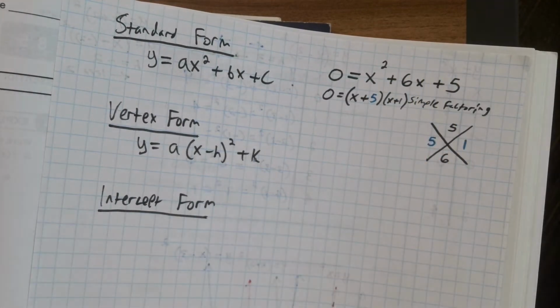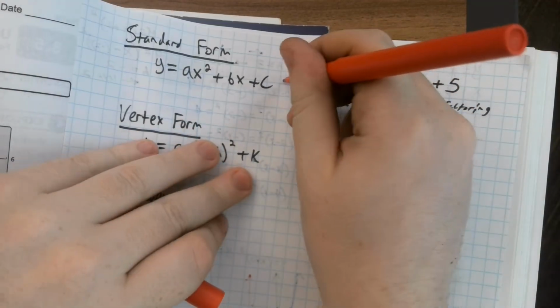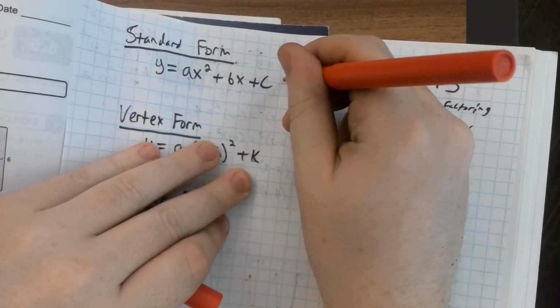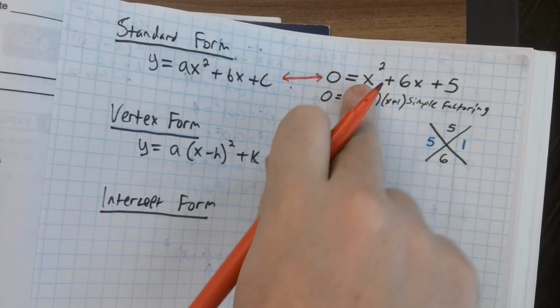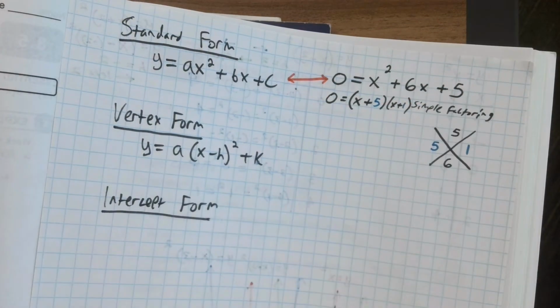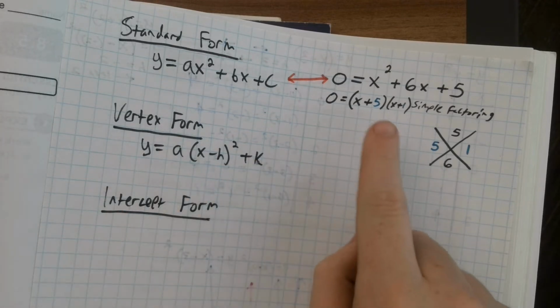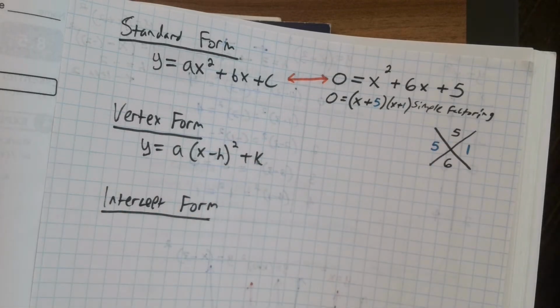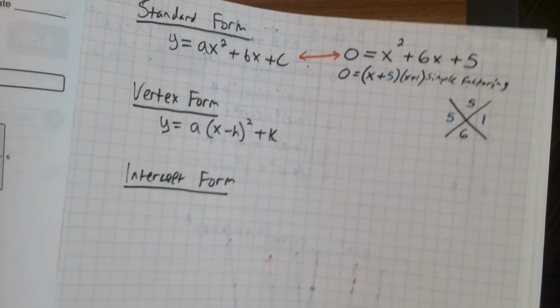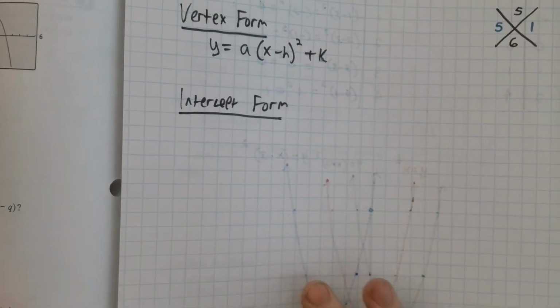This looks a lot like our standard form. Instead of the y, we have a 0, but we have our x squared term, and our x term, and then our 1's term. It turns out this second version is going to be close to what we write down for our intercept form.